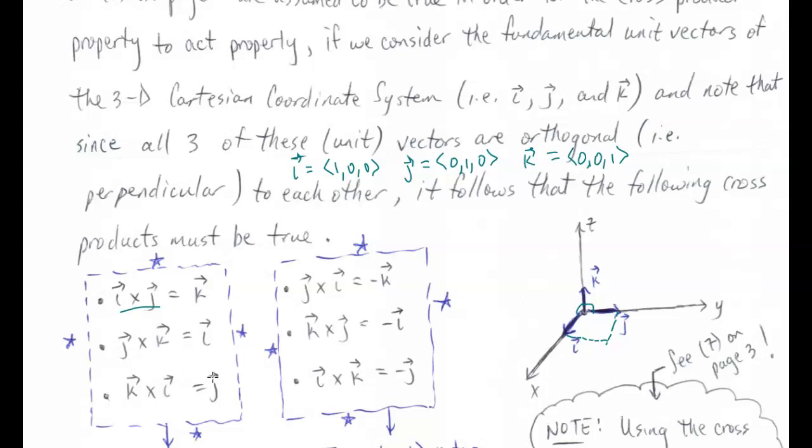Now, sticking with this example here, notice that whenever we say I cross J, the interpretation is that the vector I is going to act on the vector J. So if I take that interpretation, I'm going to switch colors again.